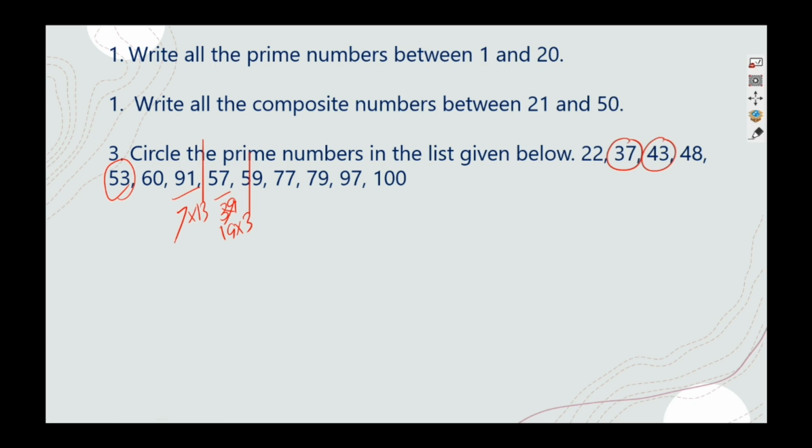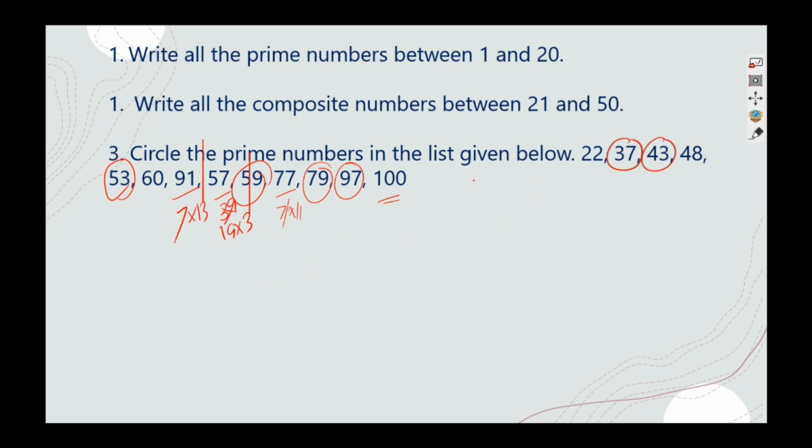Then you are having the next number over there, 59. This is a prime number. 77 not, it can be divided by 7. 7 into 11 is 77. 79 is a prime number. 97 is a prime number. 100 not.